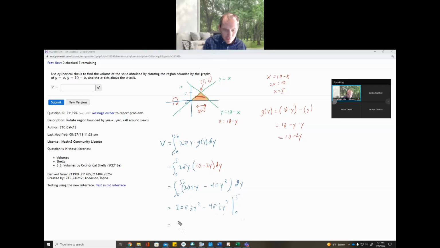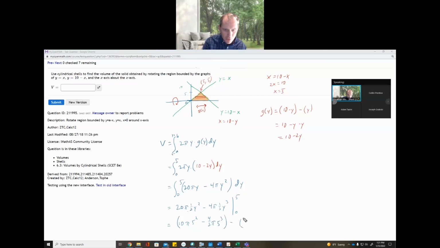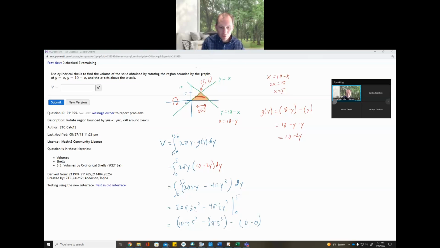So I have 10 pi times 5 squared minus 4/3 pi times 5 cubed. And then I subtract this whole thing with 0 plugged in. Well, when I plug in 0 for y, I'll just get 0 because it's polynomial. Okay. And then we get our answer from there, right? You can clean that up. I guess here we're going to write down a decimal anyway. All right, does that make sense?